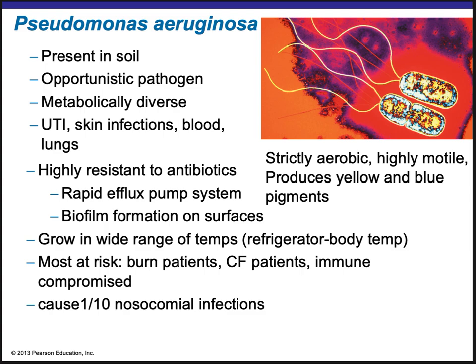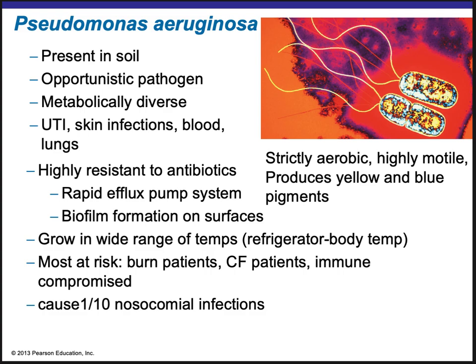And that can be true for disinfectants, any substance that it doesn't like, that it doesn't want, it pumps right back out. So it's incredibly difficult to treat infections with Pseudomonas aeruginosa. Thankfully, Pseudomonas aeruginosa is an opportunistic pathogen. So all of us that have healthy immune systems are not walking around worrying about getting an infection with Pseudomonas aeruginosa. It's also not typically community acquired.